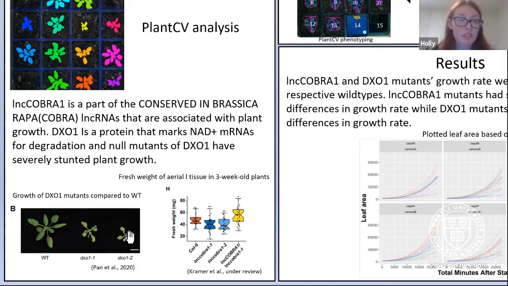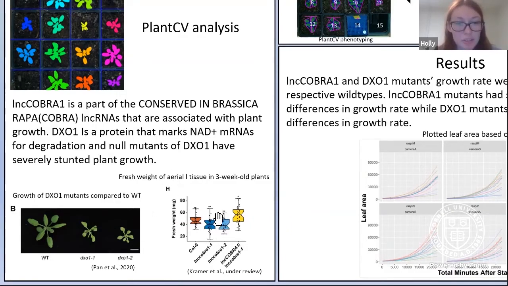So past research has found that the DXO1 mutant has very visually obvious stunted plant growth between it and the wild type, while the LINC-COBRA1 mutants that we're looking at have a very subtle difference that we can kind of see, but can't really visualize as much.